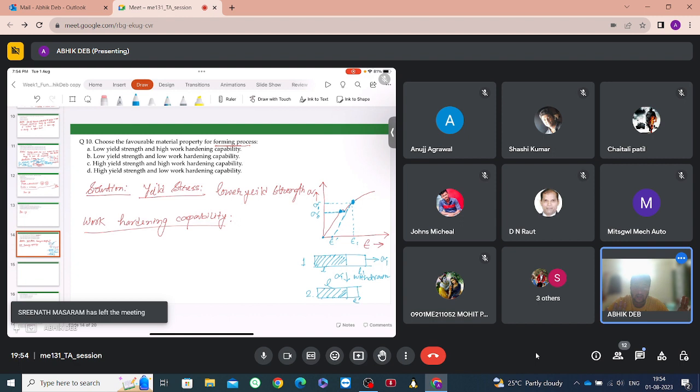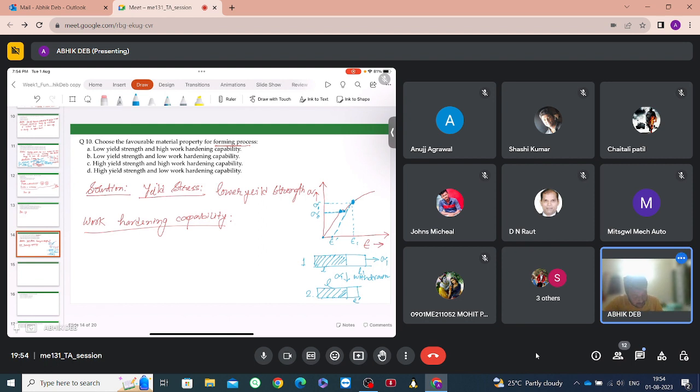So now when you load the material to the stress sigma 1 and you remove the load, it will already have this much of deformation. This deformation is called plastic deformation, as in it is permanent deformation.